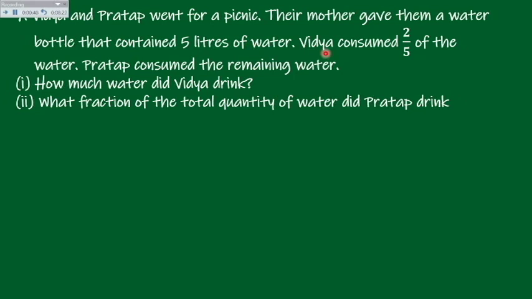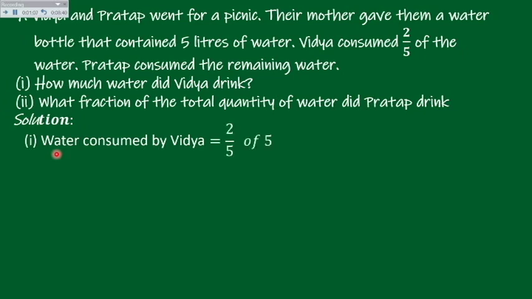So 2 upon 5 of the water means 2 upon 5 of 5. In of, we are performing multiplication. 2 upon 5 multiply by 5. When you reduce 5, you will get 2. So the answer is 2 liters. 2 liters of water is consumed by Vidya.